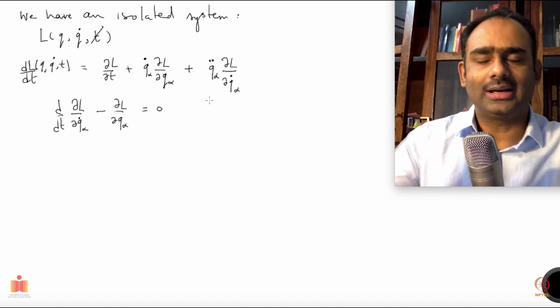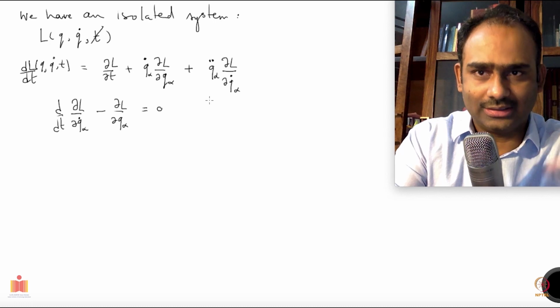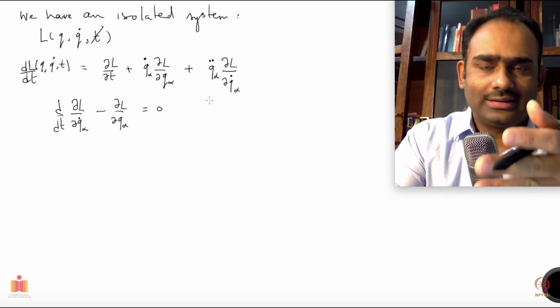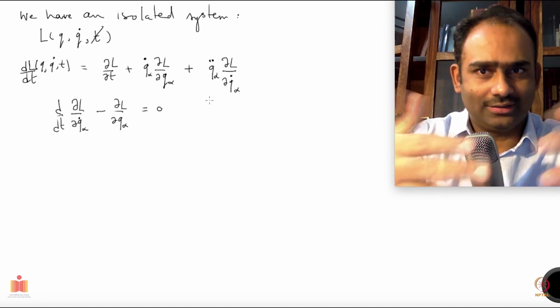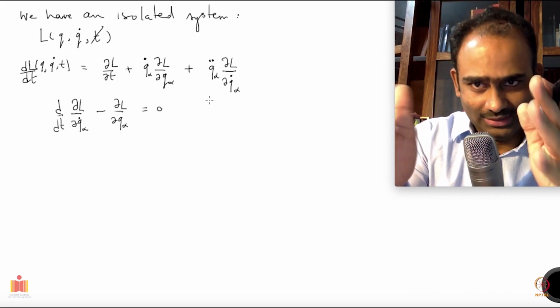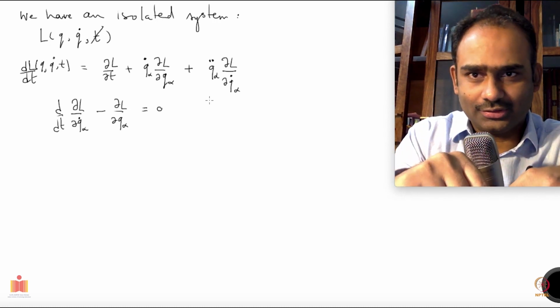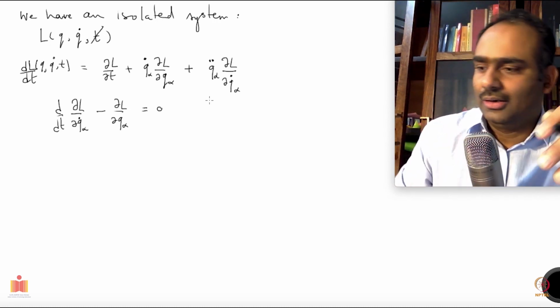I'm assuming right now that all the forces are conservative, so I can write them in the Lagrangian itself, and on the right hand side you don't have any leftover generalized forces.